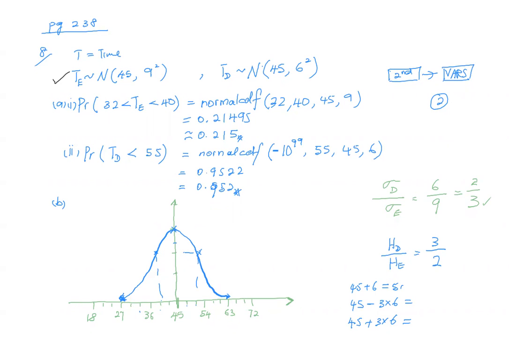So now Uric, the height is here. Correct? 1 standard deviation is at 36, so 3 equal parts. So you draw across here. So this is the point 54.